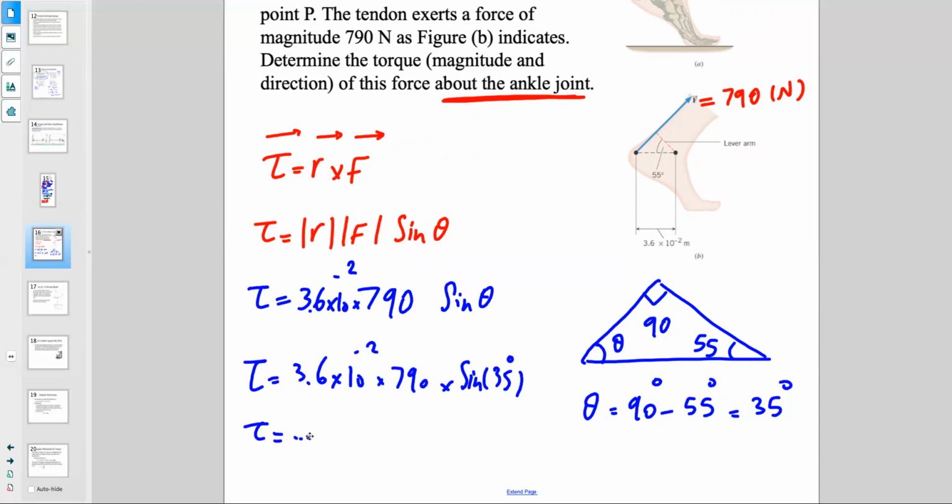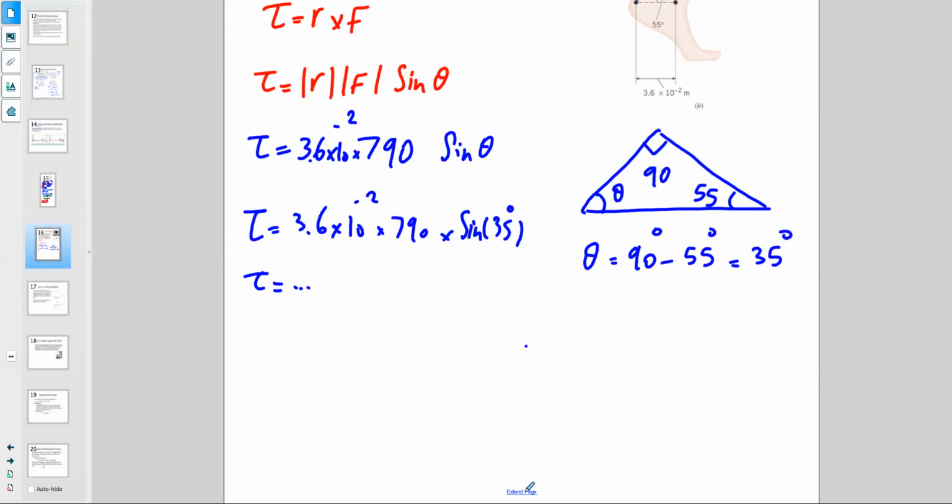Now let's talk about the direction. You have R cross F. So let's see what we have. You have R, which is this vector, and then you have F, which, without changing the direction and magnitude of it, I can just point it right there. That's your F, 790. And that's the angle.